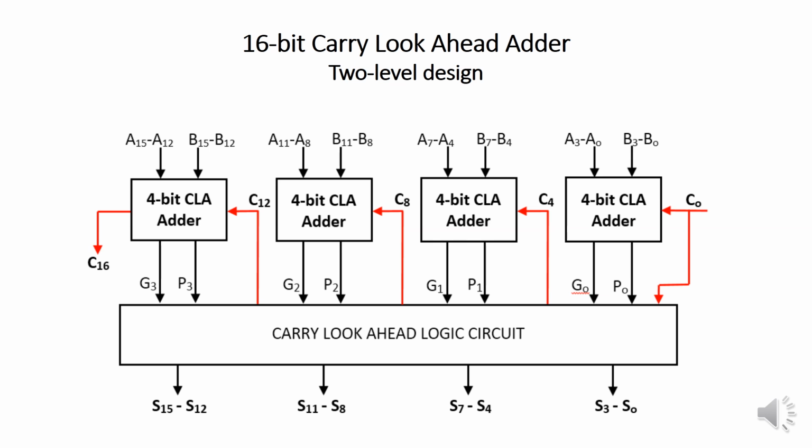Let's see the other alternative, the two-level design. This is the diagram. Here, once again, 4-bit carry look ahead blocks are used at the first level, but the carry for each block is generated at a second level using the carry look ahead logic. So, in this alternative, once the carries C4, C8, C12 are issued in parallel at the second level, the overall chain progresses to the first level.